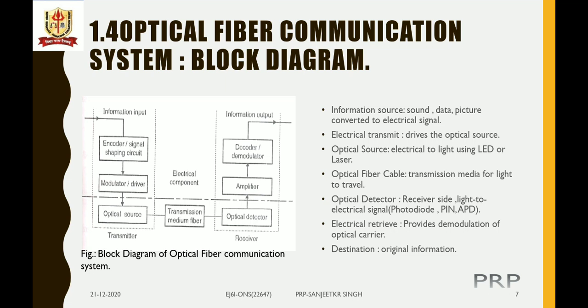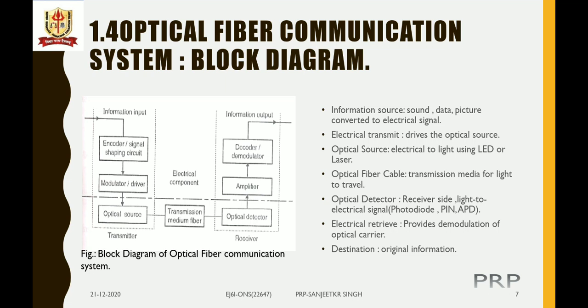So information could be in the form of sound, data, picture converted into electrical signal. First the information is converted to electrical signal, and that electrical signal will be driving a number of electronic circuits which will control the turning on and turning off of the optical source.